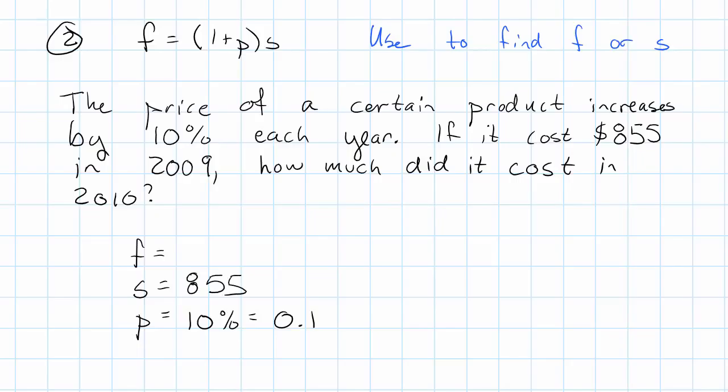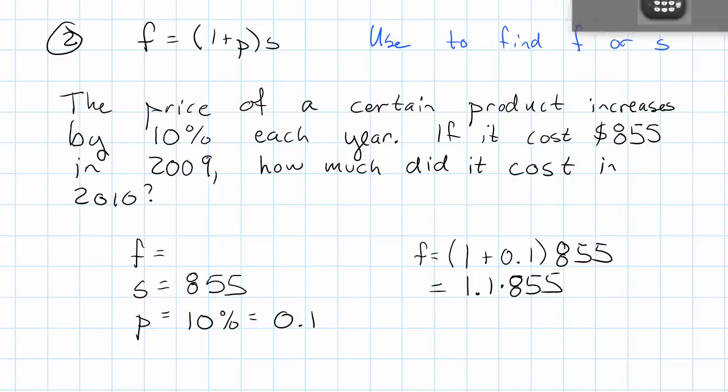I get that my final value equals 1 plus my percent change times my starting value. And my starting value, we said, was 855. So 1 plus 0.1 is 1.1 times 855.